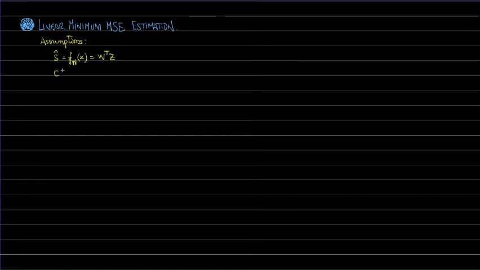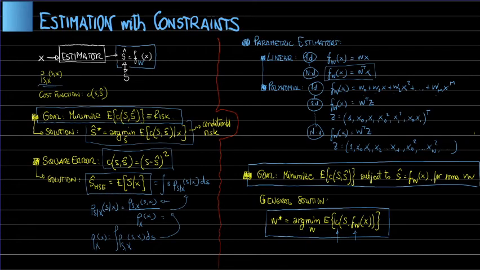And the cost is the square error. Okay. Note that I write here Z because in some cases, in the linear estimation case, Z will be equal to X. So Z is just the observation, but I prefer to write Z to also include in the analysis other cases.